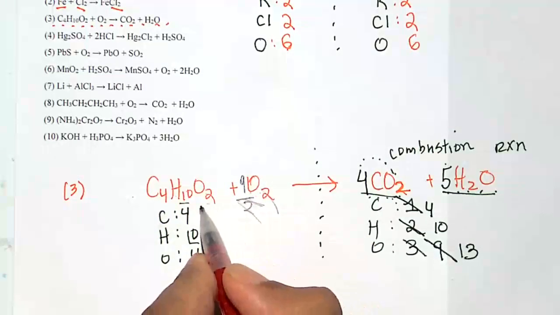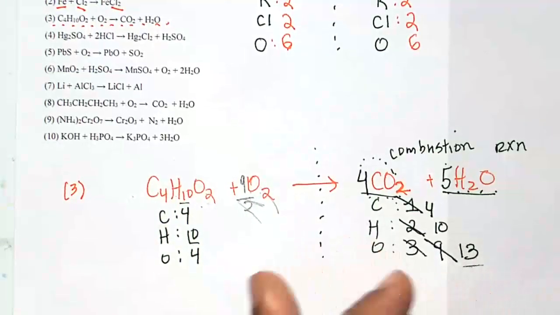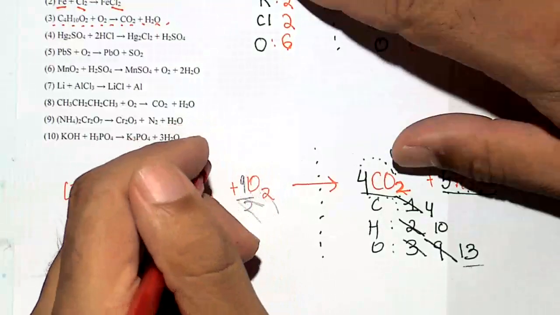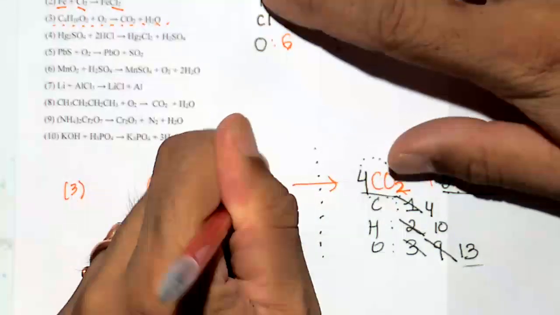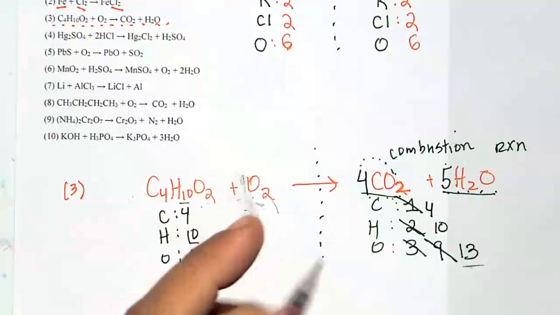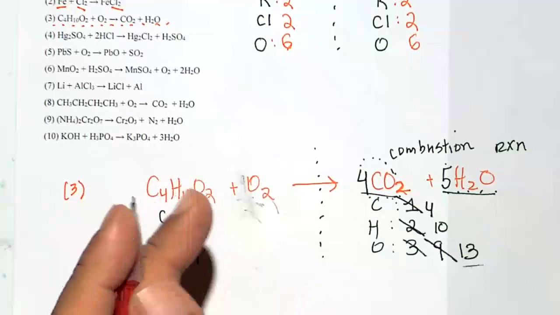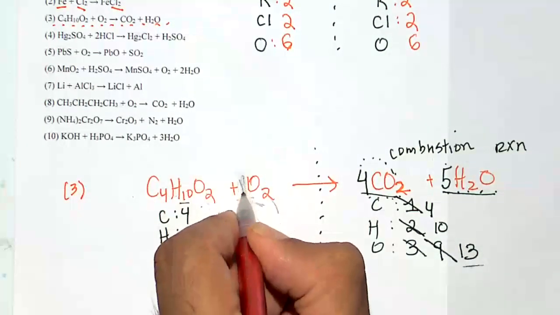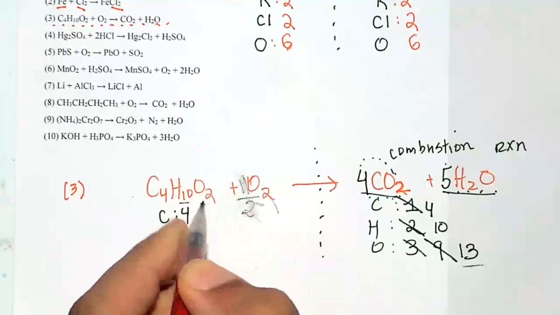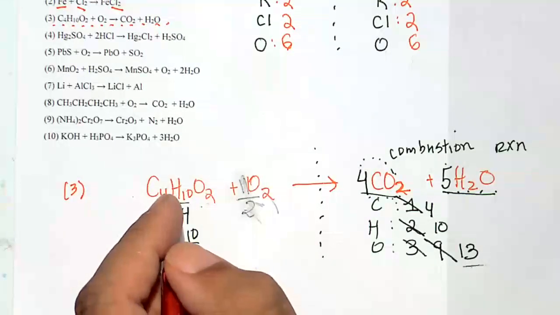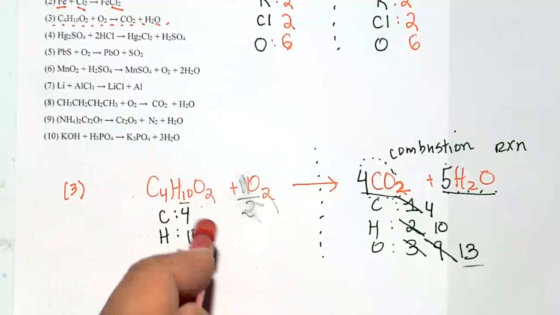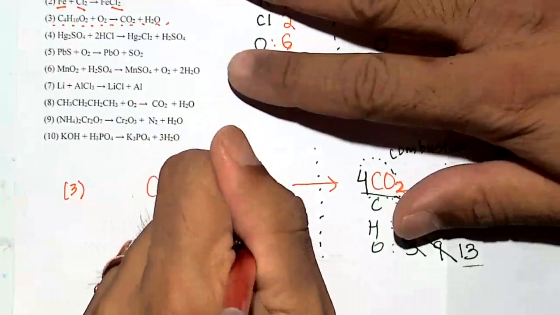What's 9 plus 2? 11. So what should I put? Not 9 over 2, but 11 over 2. Okay, so you can't put fractions in there. Everybody see the 11 over 2?